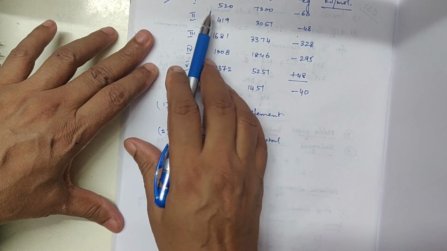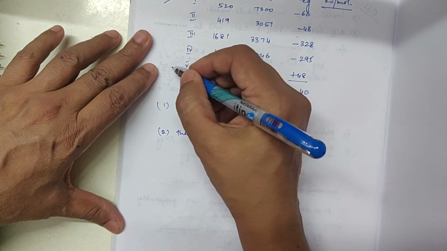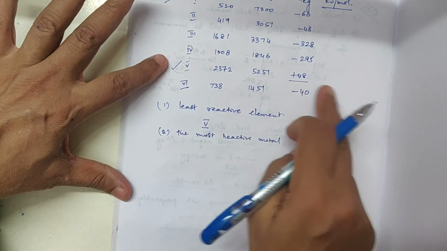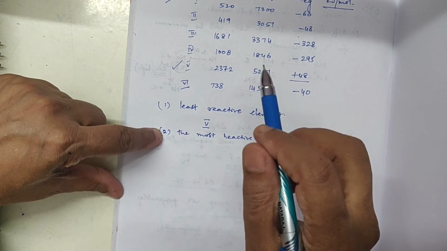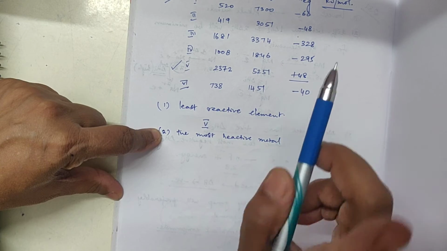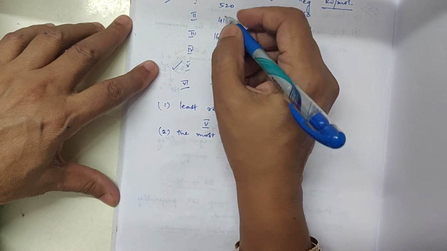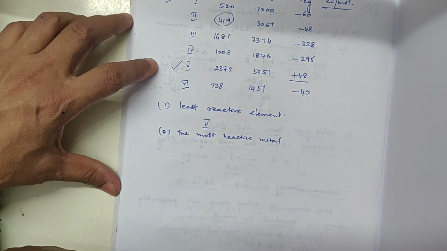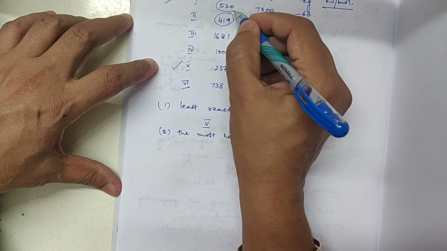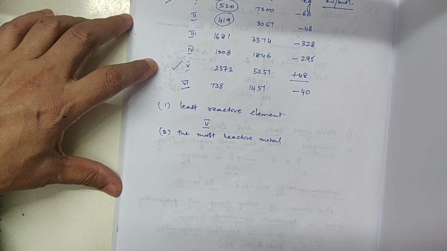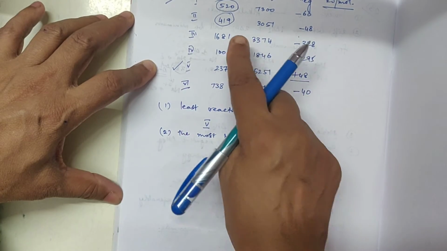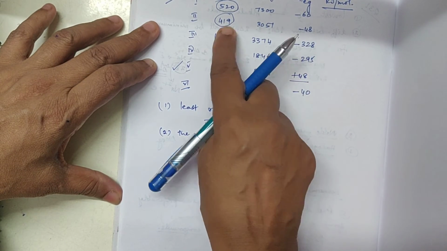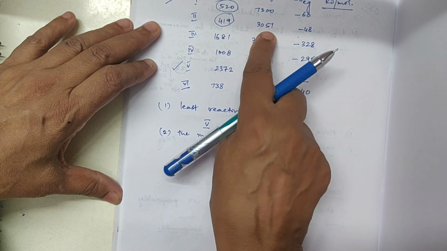Now see here, this is over now, so rule out this. Let us see among the rest. I told you alkali metals have the lowest ionization enthalpy. So lowest means 419 is the lowest, and then you have 520. These two are low ionization enthalpy, and the difference between the first and second is also very high.